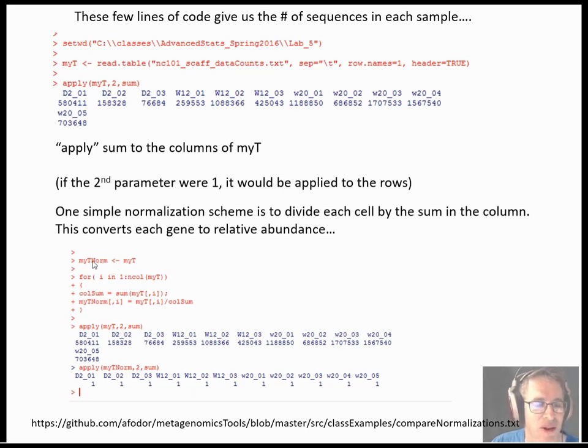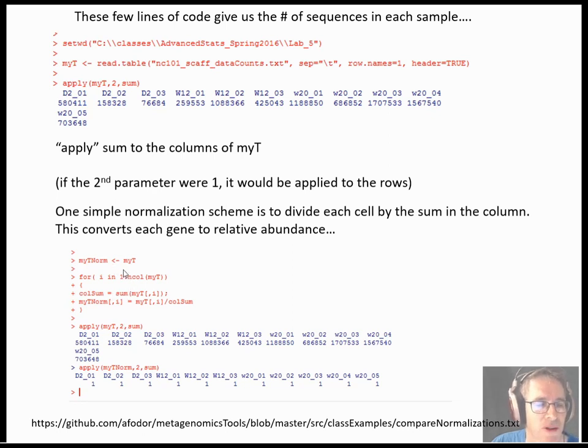So I make a new data frame, my tnorm. In R syntax, this actually creates a new frame. In many languages, this would be a reference to the same frame, but in R, this creates a whole new frame, so it's copy by value.